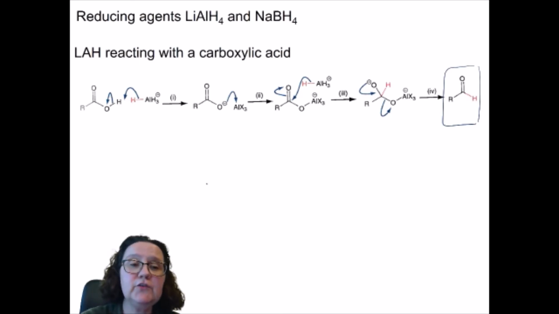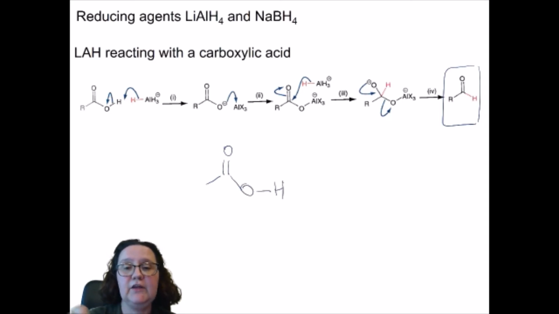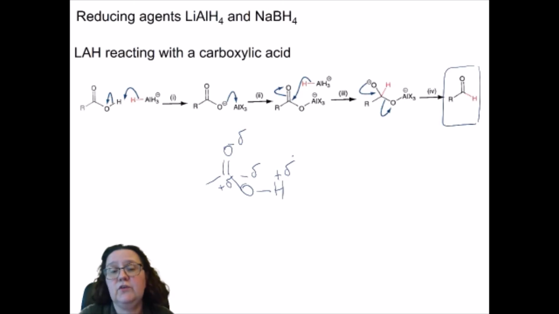So again, if we draw the structure of the carbonyl group, in this case in a carboxylic acid, and we look at the separation of charges in this molecule, you have the oxygens that have a partial negative charge. You have the carbon of the carbonyl group with a partial positive charge, and you also have this hydrogen, which is acidic. It is, after all, a carboxylic acid, with a partial positive charge.